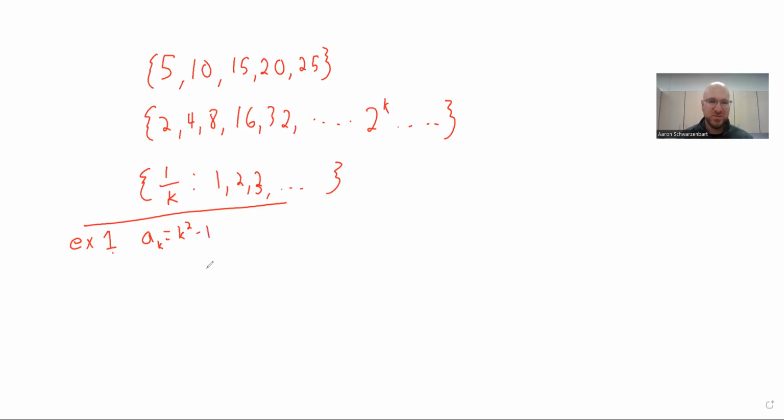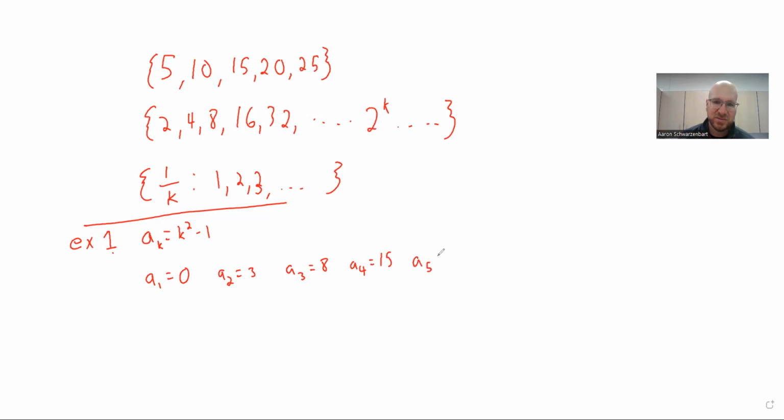Well, the first 6 terms, so I'm going to plug in 1, and I'm going to label the first term as a sub 1. 1 squared minus 1 is 0. The second term, 2 squared is 4 minus 1 is 3. The third term, 3 squared is 9 minus 1 is 8. Fourth term, 4 squared is 16 minus 1 is 15.